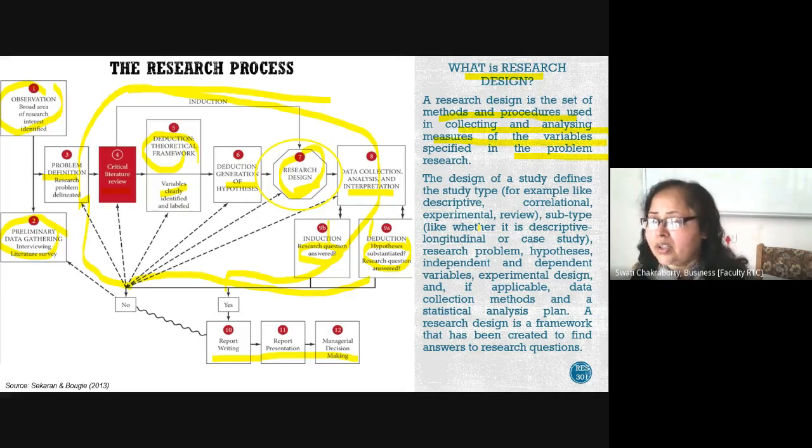These are used for identifying the research problem, hypothesis, independent and dependent variables, experimental designs, and if applicable, data collection methods and a proper statistical plan. So research design is a framework that has been created to find answers to the research questions.